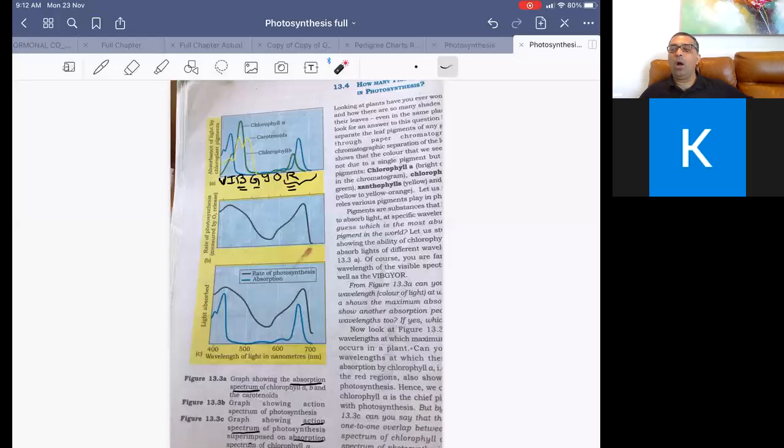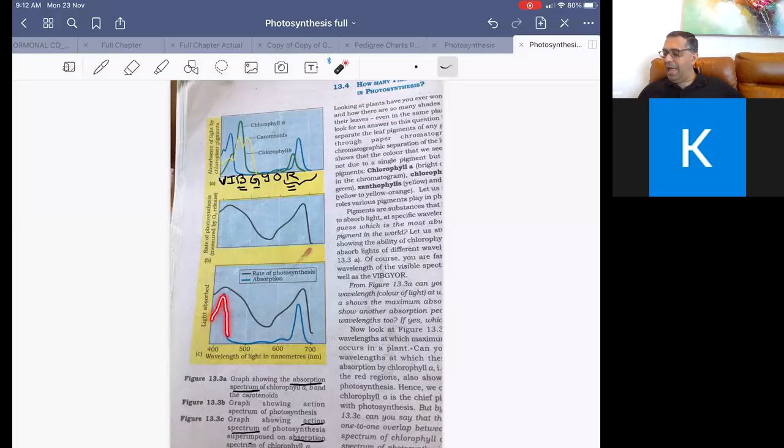Yes, so we analyzed the logic of the role of light, and we had ended with a very nice logic. Let's just see that. We talked about the action spectrum and the absorption spectrum.